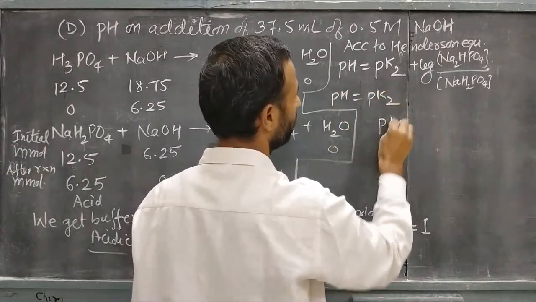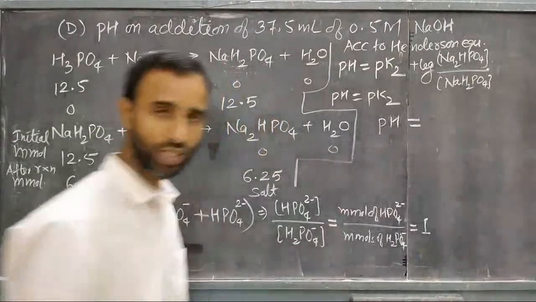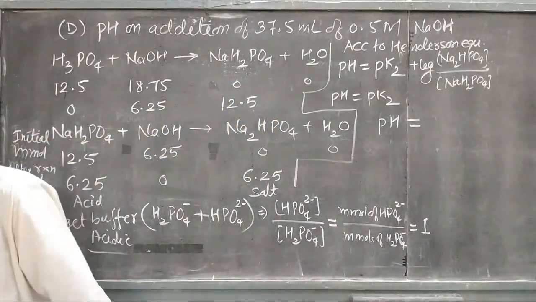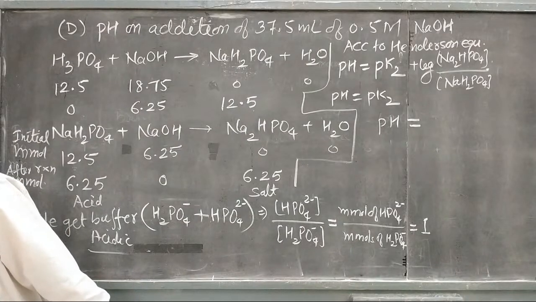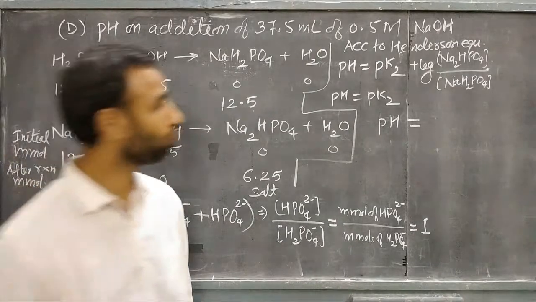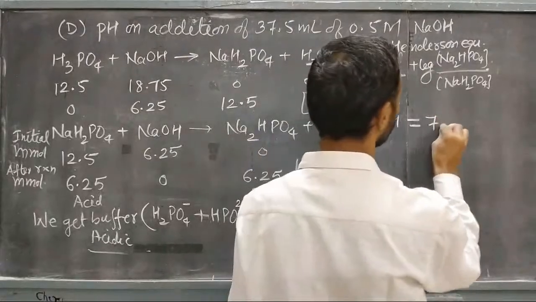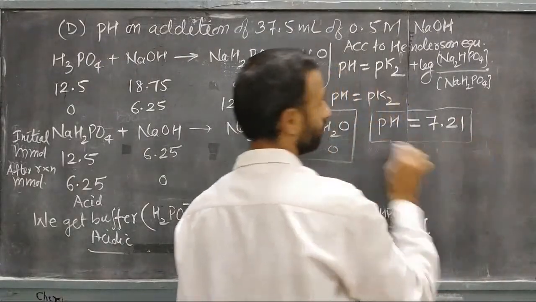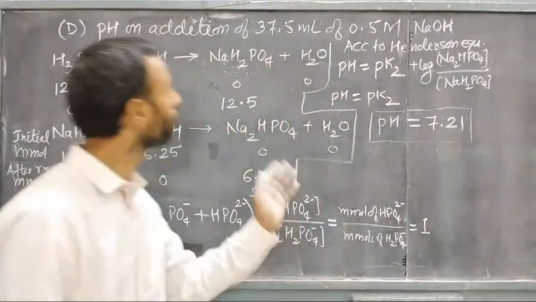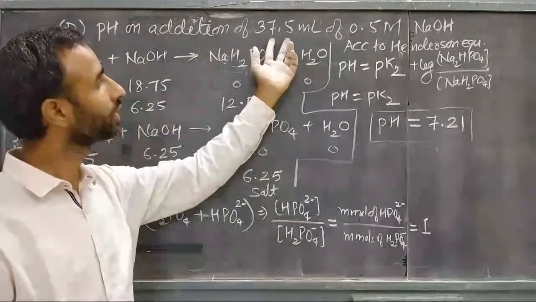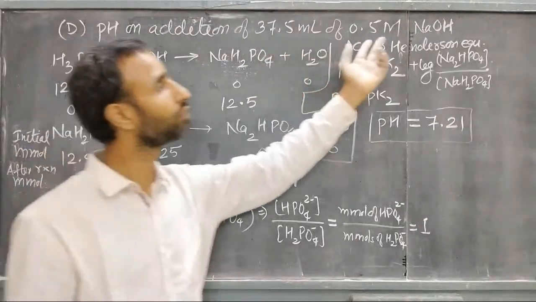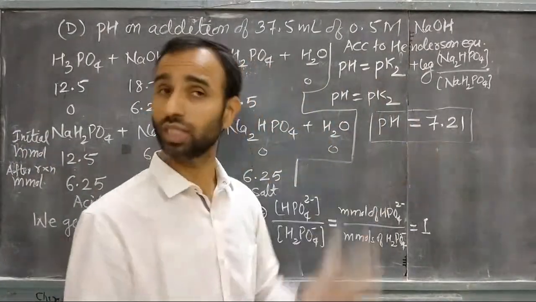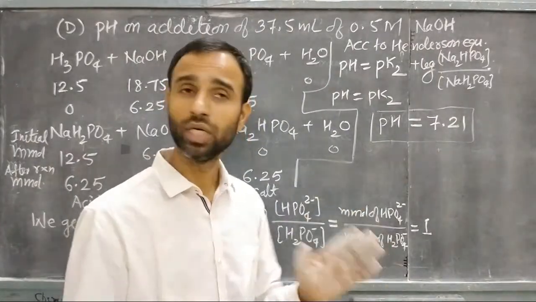And what is pK2? We have calculated it: 7.21. So pH is 7.21. That's it. So when we add 37.5 ml of 0.5 molar sodium hydroxide, the pH of the solution is 7.21.